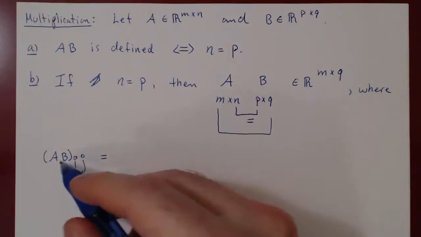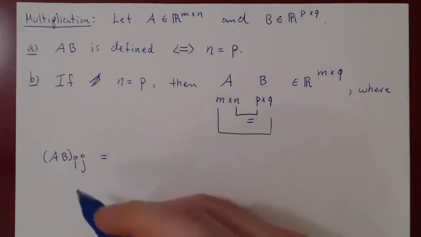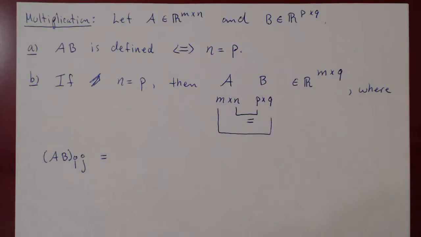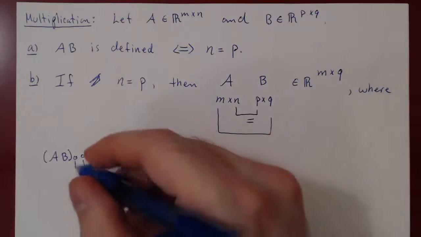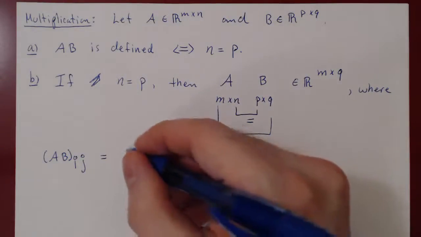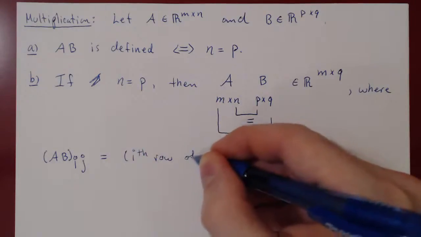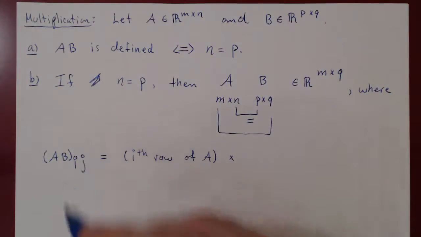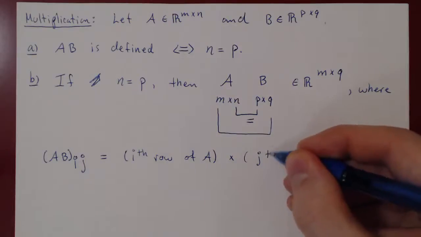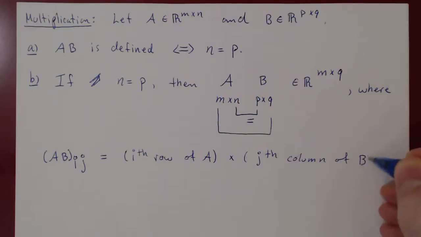The great thing is we have two matrices, two indices. i is the row index, j is the column index, and we've already seen how to multiply a row times a column matrix. So we simply take the ith row of matrix A, so the first index goes with the first matrix, times the jth column of B. And that's it.